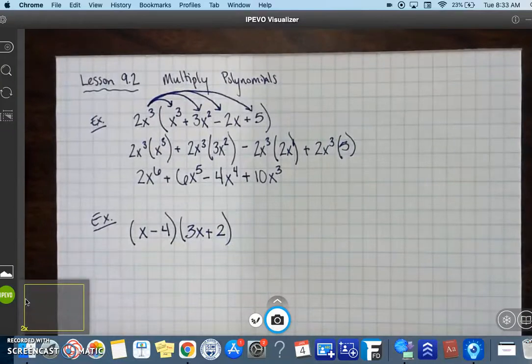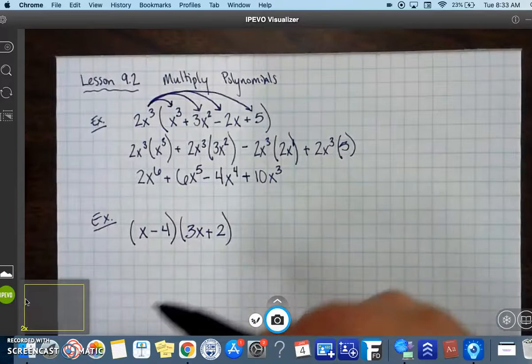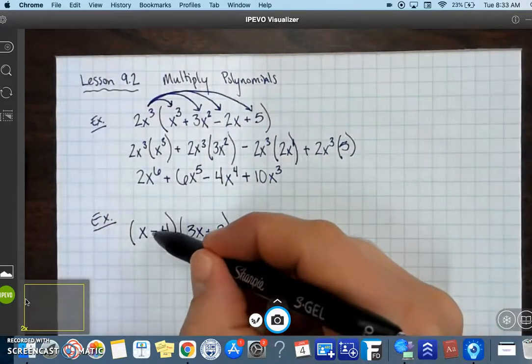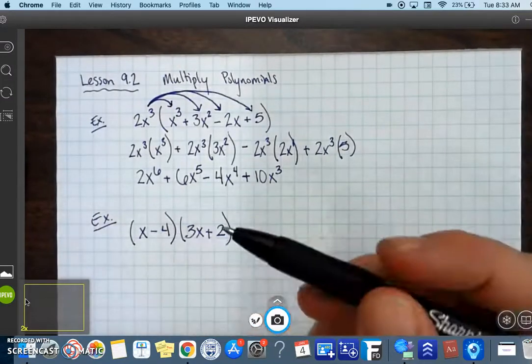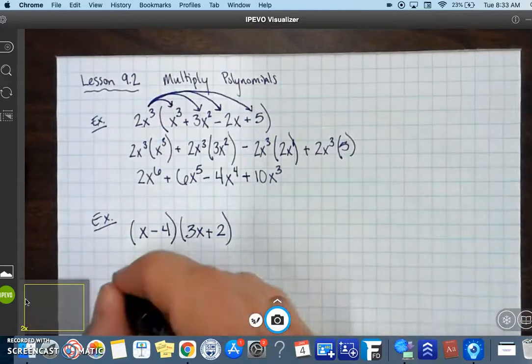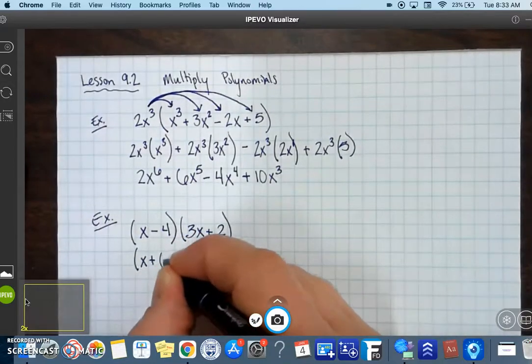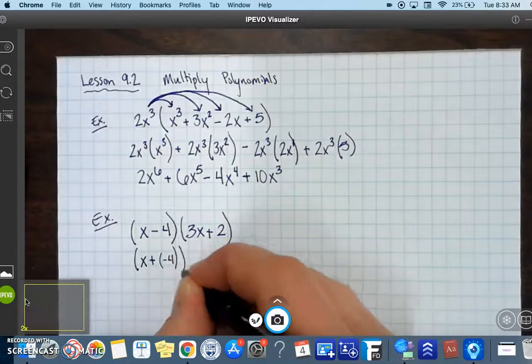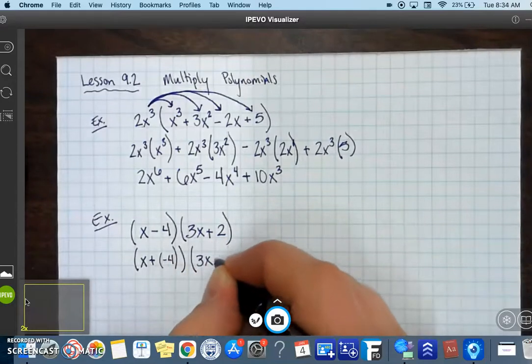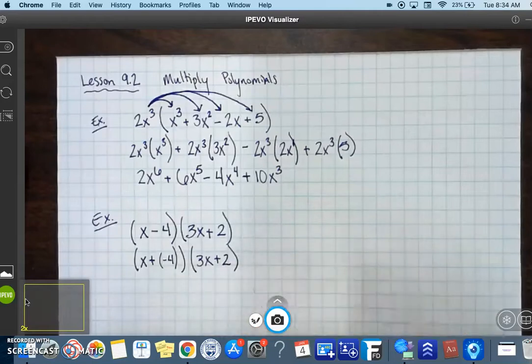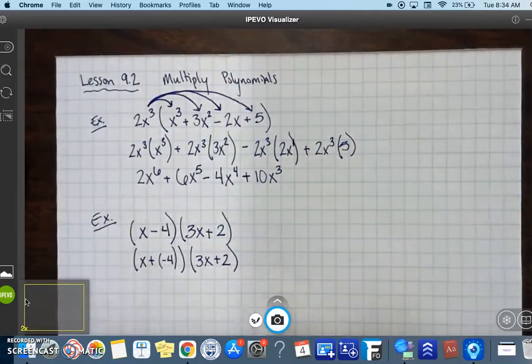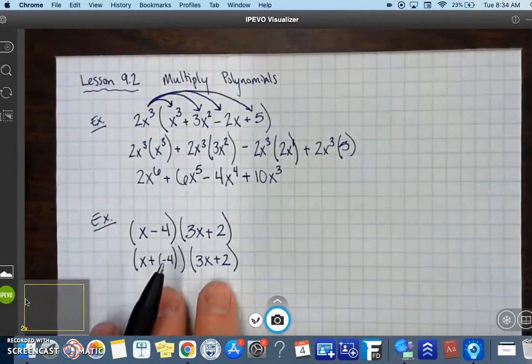Now, one option here that you can do that might help some of you is to think about this, right? You can always add the opposite. We talked about that yesterday. So we could change this to x plus a negative 4, right, times 3x plus 2. So we have two binomials multiplied together.